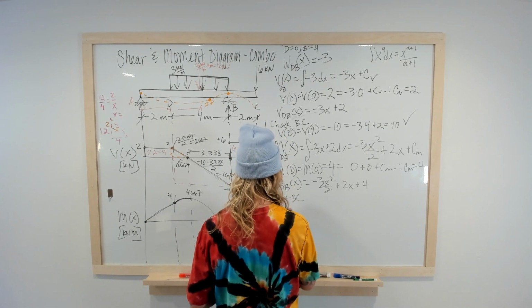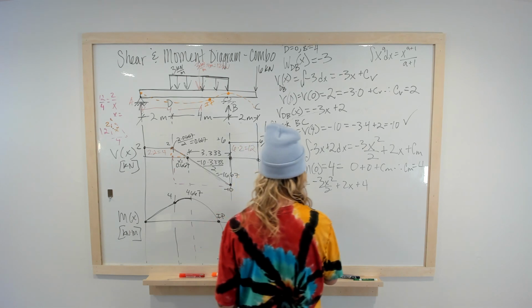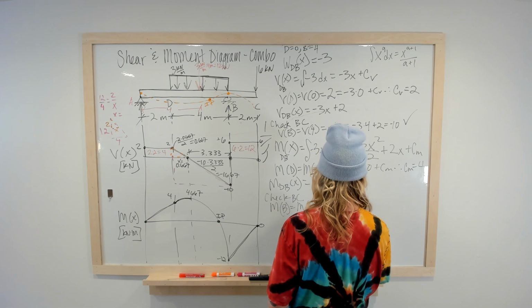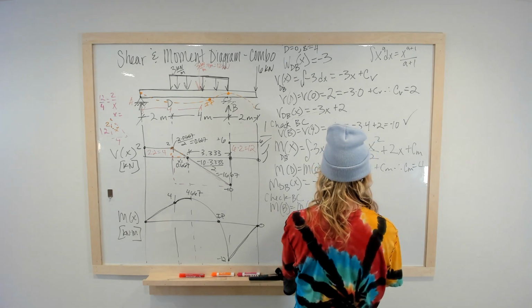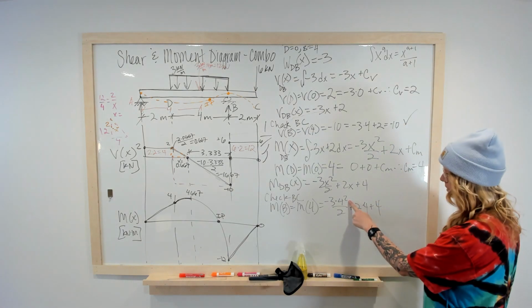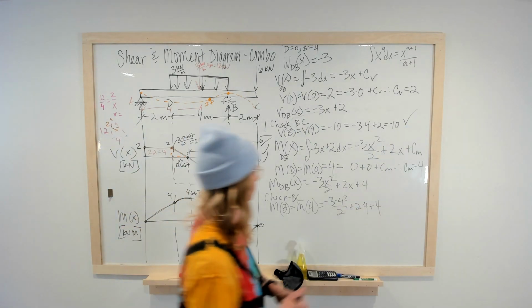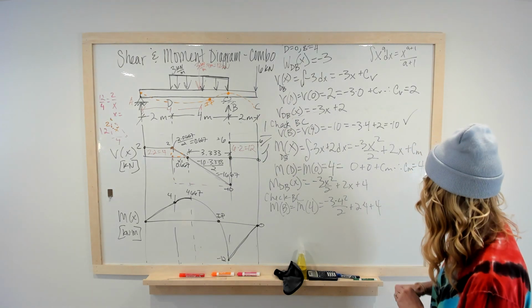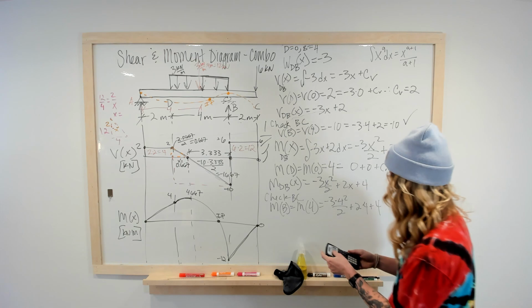M of B is equal to M of 4 is equal to negative 3 times 4 squared all over 2 plus 2 times 4 plus 4. 4 times 4 is 16. Okay, just got cut off for data storage. Okay, let's see where we were.